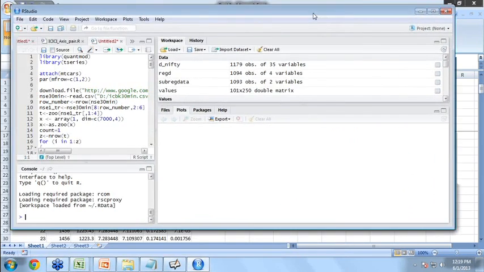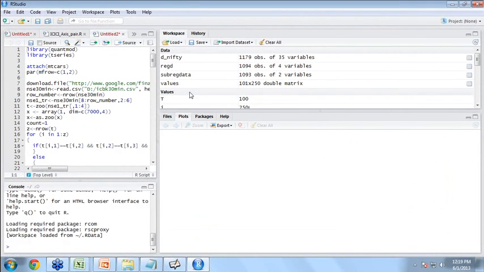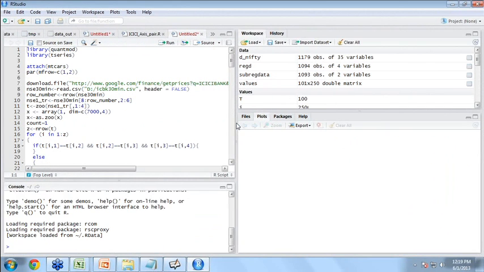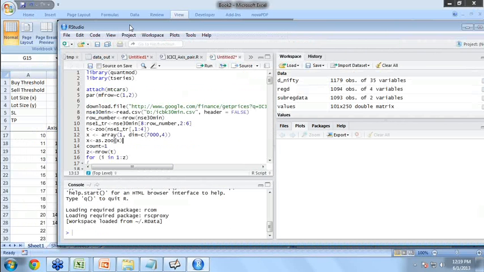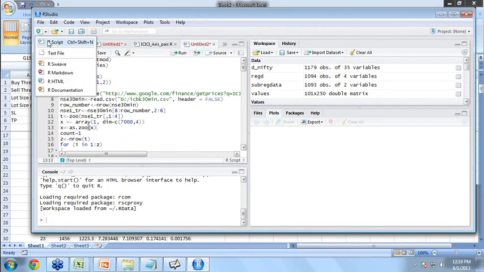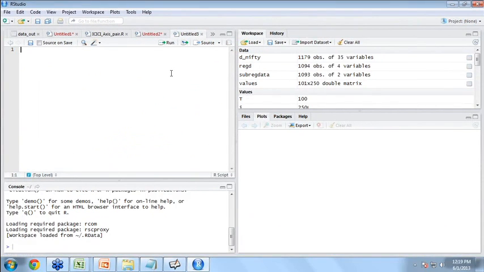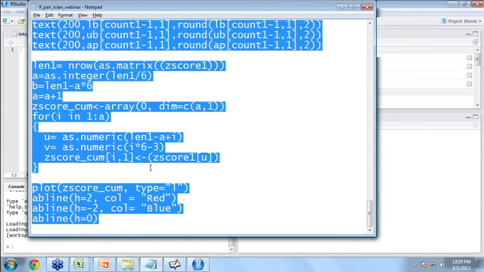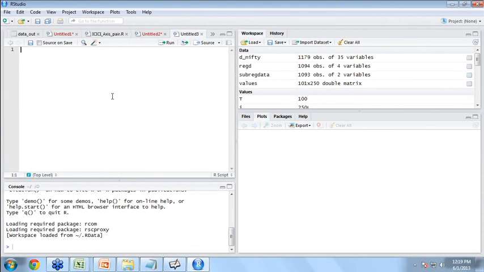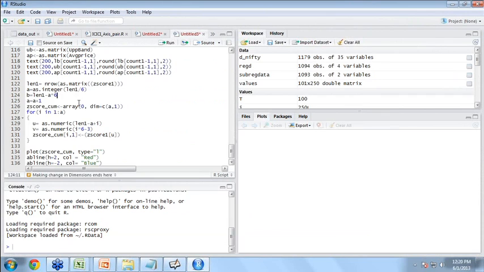This is the open source platform, and it's computationally much stronger compared to, say, Excel or even VBA. What you can do here is add another R script. This is a new R script, and I'm copying this from the program that I already have, doing Control V, Control A.